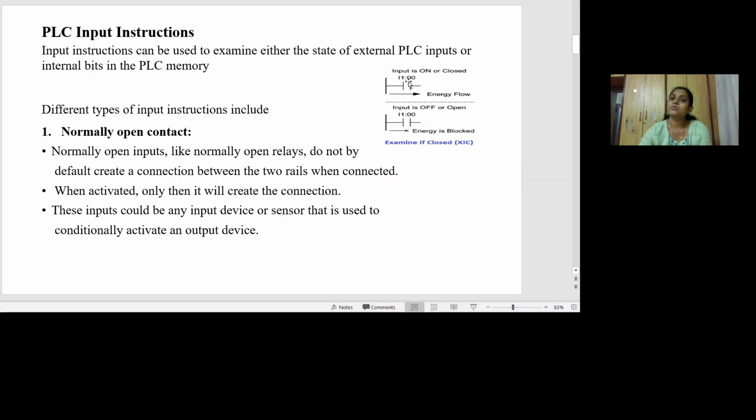In this picture, the first image shows there is an energy flow, and in the second image you can observe the energy is blocked. So under normal operation, the NO contact will be open.